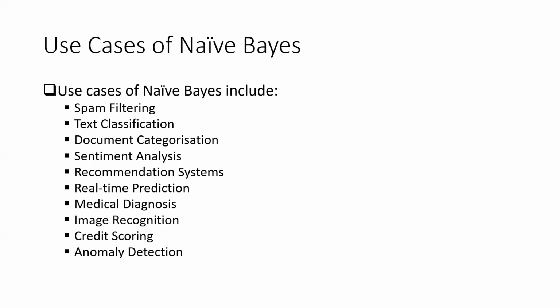Today we'll be doing some medical diagnosis. Also image recognition, credit scoring, anomaly detection, and so forth. So these are some of the use cases for naive Bayes. It's really a fairly popular model being used out there.